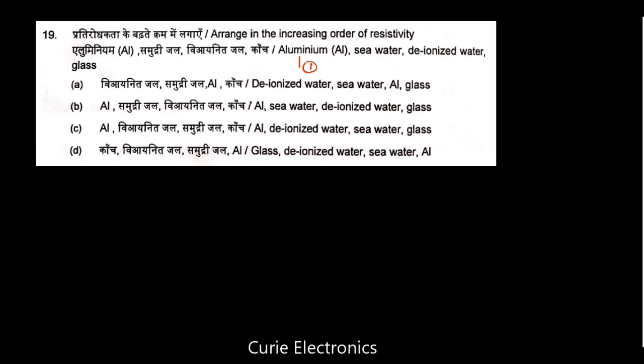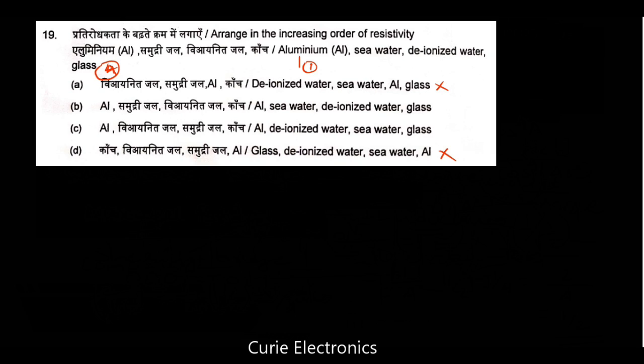And glass is going to be a higher resistive material, so glass should be the fourth one. Deionized water is there first, so this option A you can neglect. This also we can neglect because he told increasing order of resistivity. So aluminum should come first, that has got the lower resistivity.